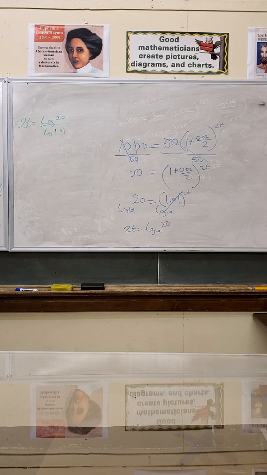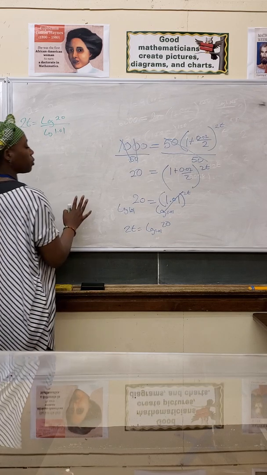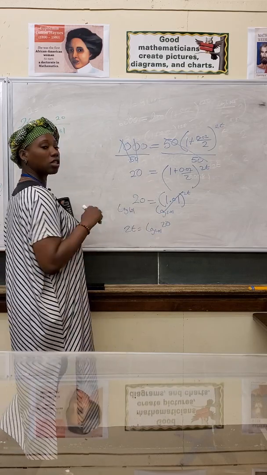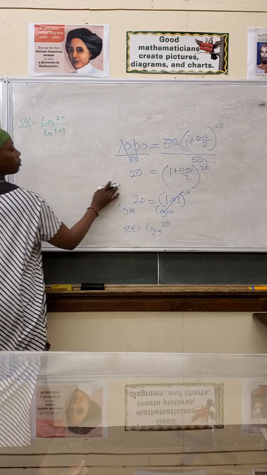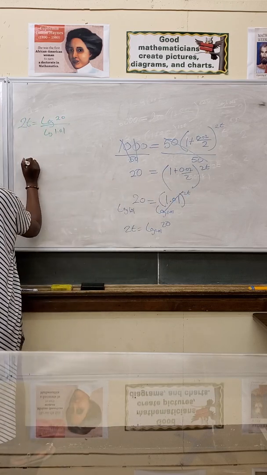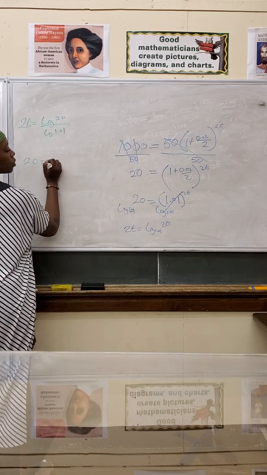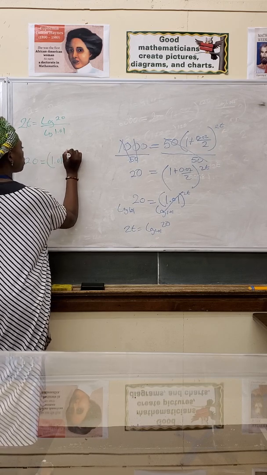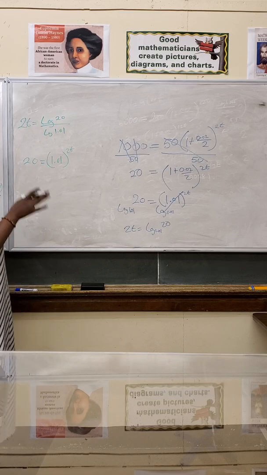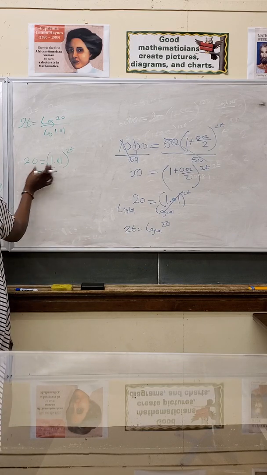But let's say, for example, instead of doing the change of base, we just took the log base 10 of both sides. So starting from here, where we have 20 is equal to 1.01 raised to the power of 2t, we can take the log of both sides because it's one number equals one number.